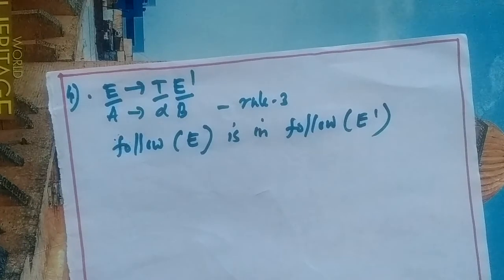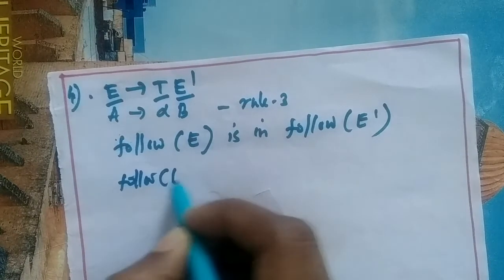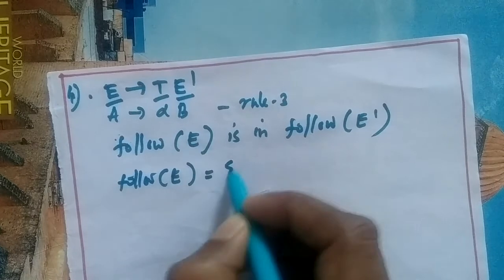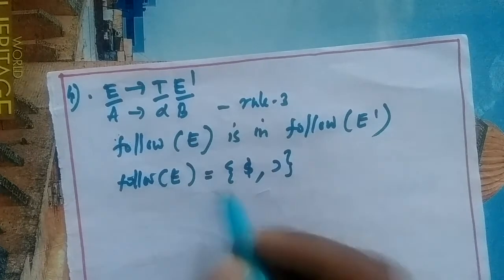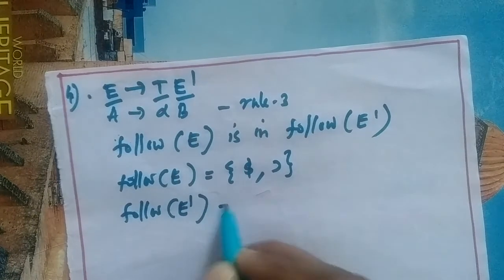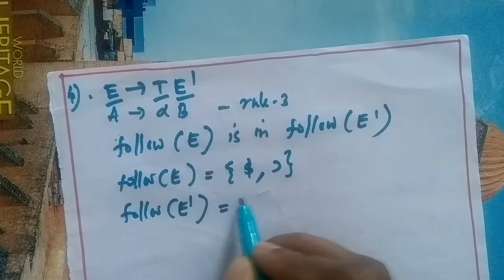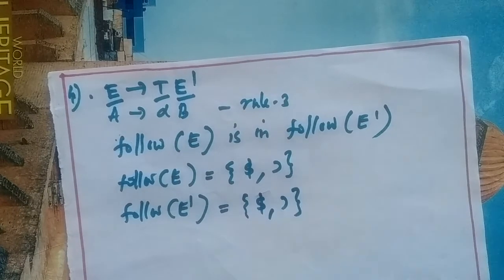So we know what is in follow of E. Follow of E contains two terminal symbols, dollar and right bracket. So follow of E dash contains dollar and right bracket.